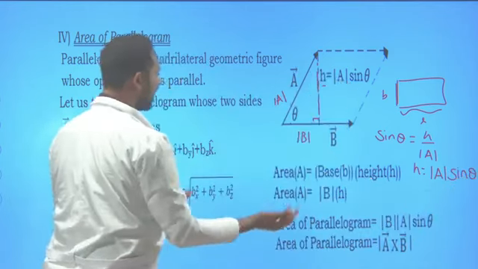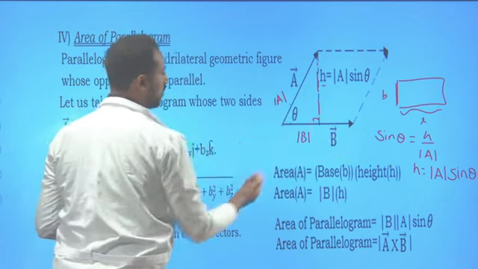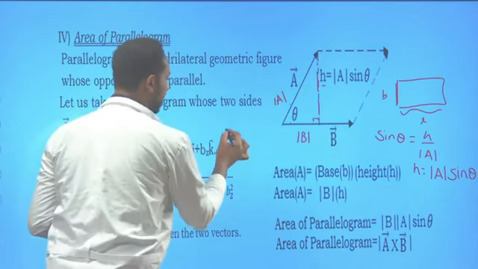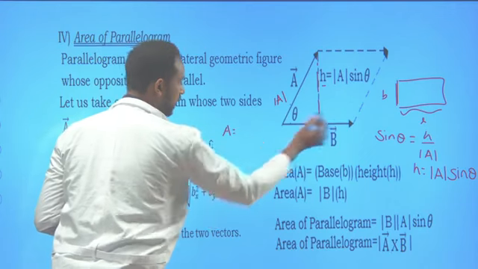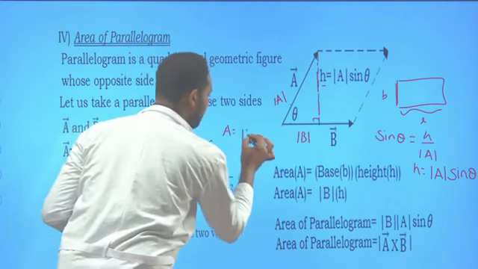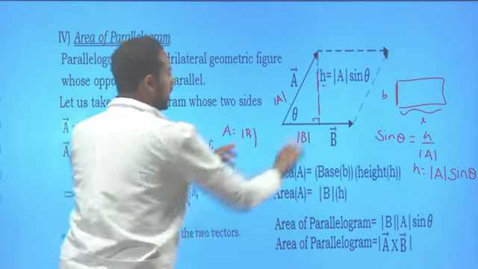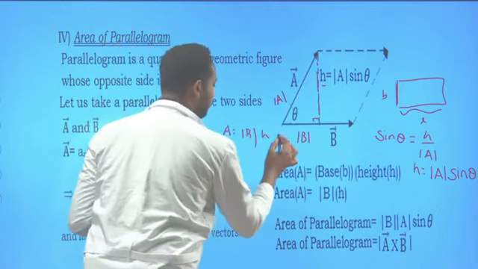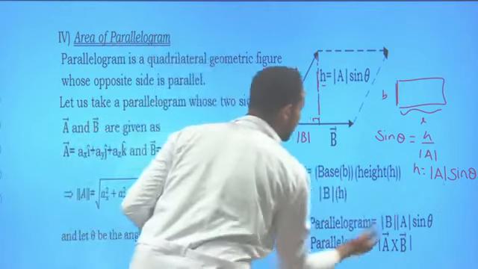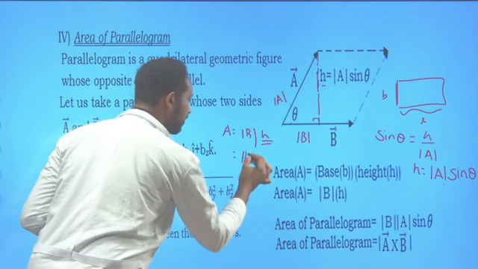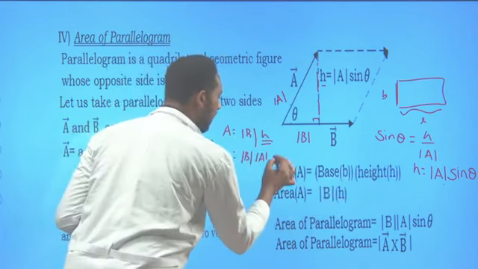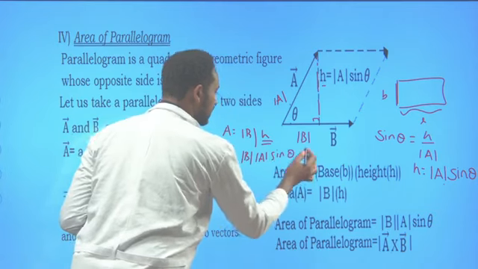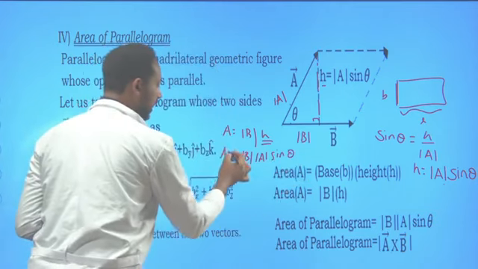We know that the area of a given parallelogram or rectangle is length times width. The length is, in this case, the magnitude of b, and the height h can be represented as the magnitude of a times sine theta. This is the area.